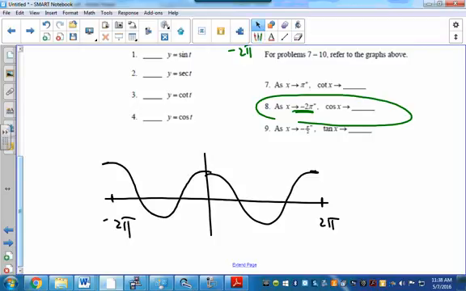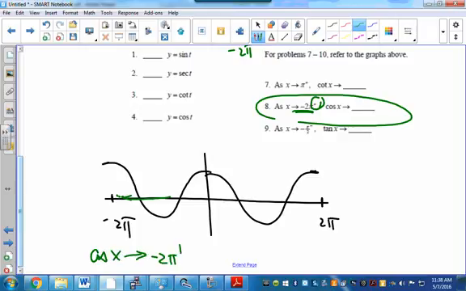And the question again was, as x approached negative 2 pi from the left. So x is coming in this way, getting closer and closer to negative 2 pi. Oh, sorry, coming in from the right. That's a little plus sign up there. Okay, so as x approached negative 2 pi from the right, what did the cosine of x do? And what was it getting close to? And again, you can sort of think of a point moving on the graph.